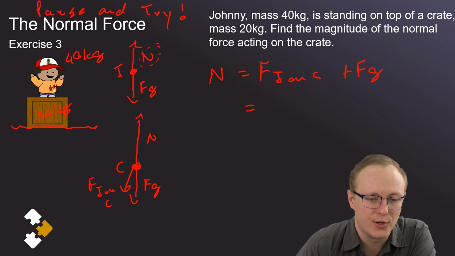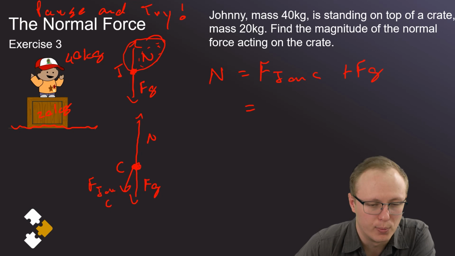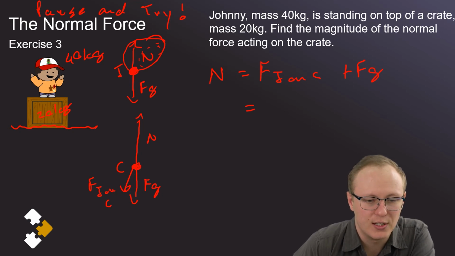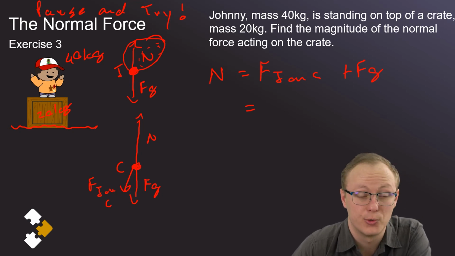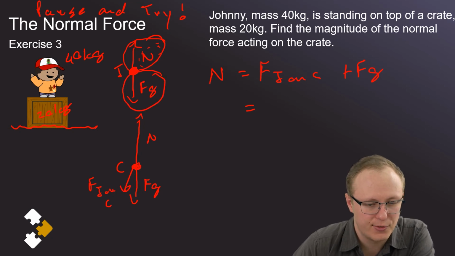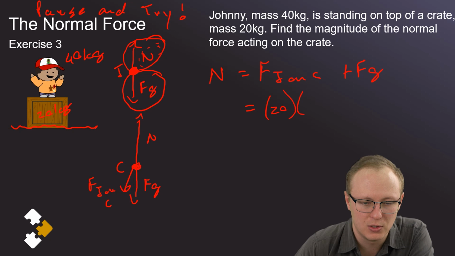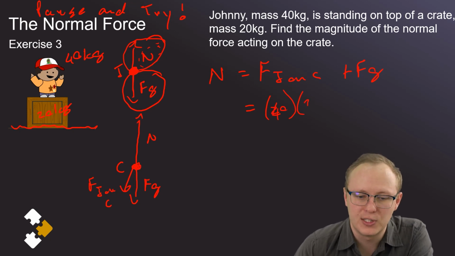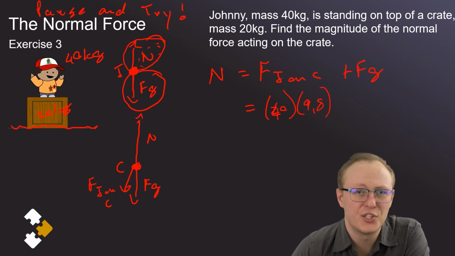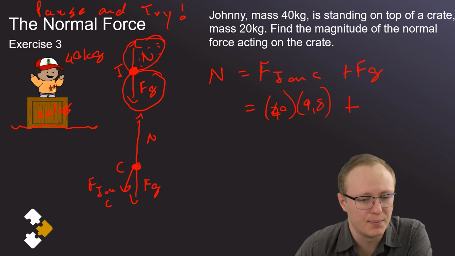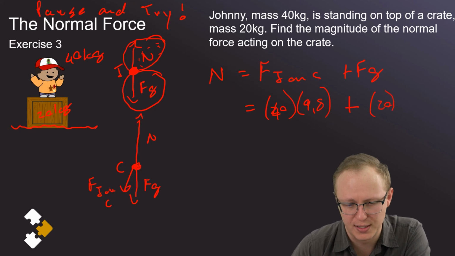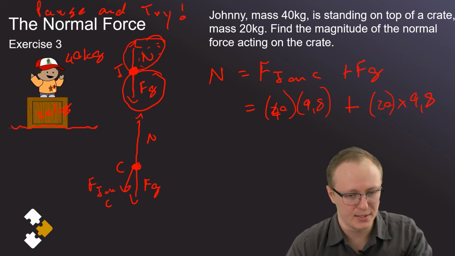Now, the force of Johnny on the crate is equal to this normal here, and because Johnny isn't moving up or down, the vertical forces are balanced. So this Fg is the same as the magnitude of that normal. So the force of Johnny on crate is going to be, Johnny is 40 kilograms, so 40 times 9.8, which is the weight of Johnny, plus the Fg of the crate, which is 20 times 9.8.